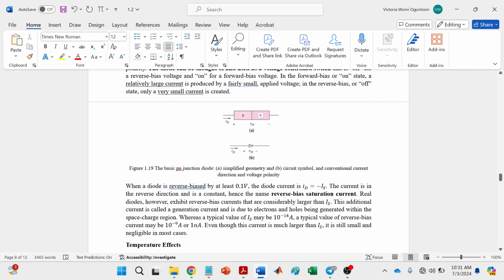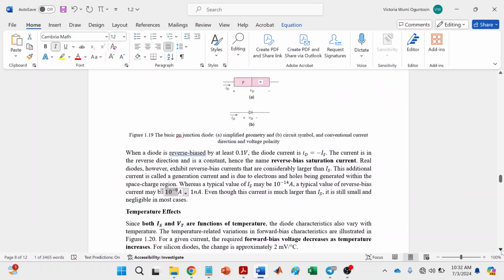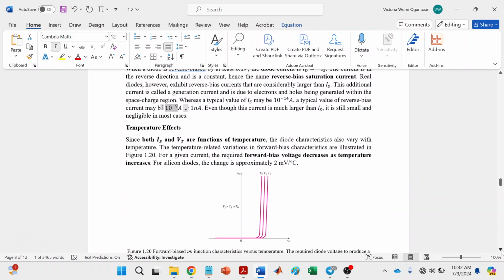But in practice, the reverse bias saturation current may not be as low as this. It's always in the 1 nano range.